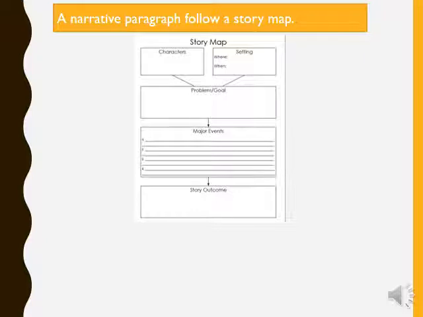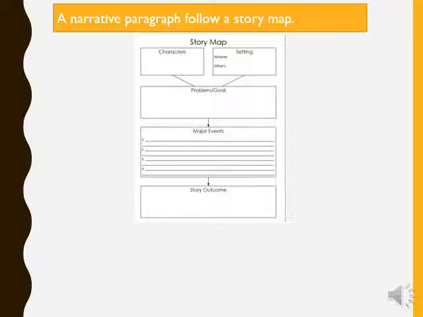Now, this is very important because a narrative paragraph follows a story map. This is a story map. So from now on, whenever you are going to write a narrative paragraph, you are going to fill this chart or this graphic organizer, which is called a story map, before developing your paragraph.